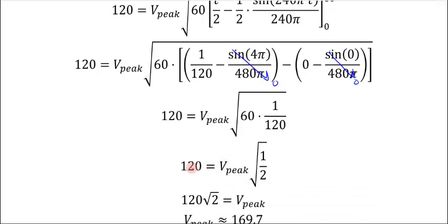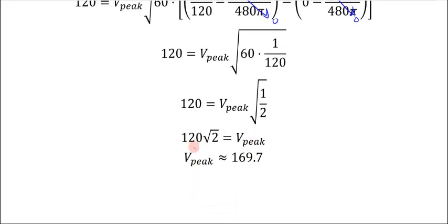So the 120 volts, which is the root mean squared, is the peak voltage times the square root of 1/2. If I multiply both sides by the square root of 2, I'll get the peak voltage. If you calculate this, you get 169.7 volts. That would be the peak voltage of the outlets in your home.